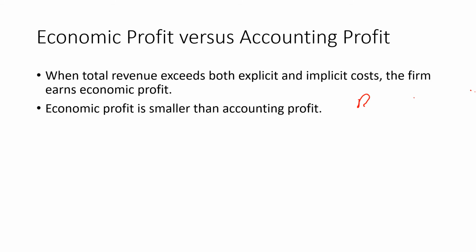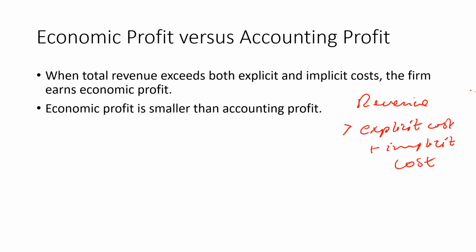When revenue is greater than explicit cost plus implicit cost, then the firm is earning profit. The firm is in profit and will continue its business. Otherwise, if the revenue is less than explicit cost plus implicit cost, in that case the firm is making losses. So this is the basic concept.